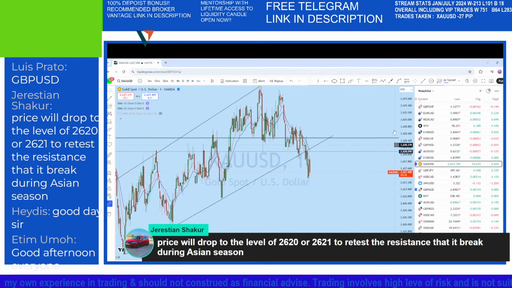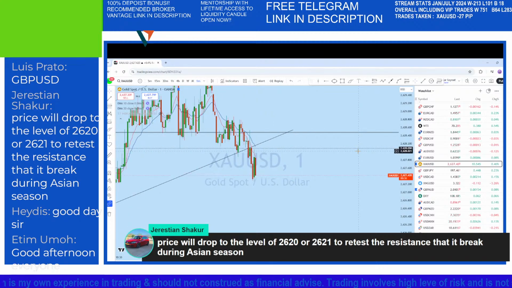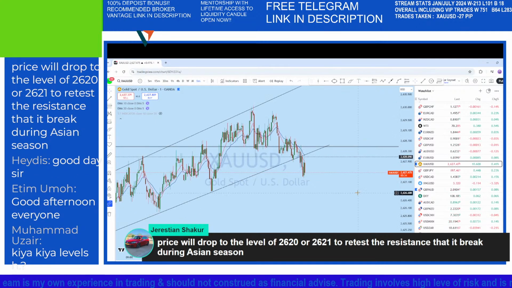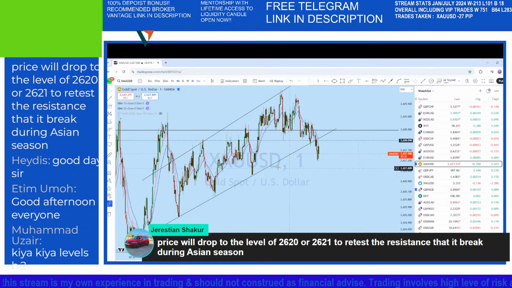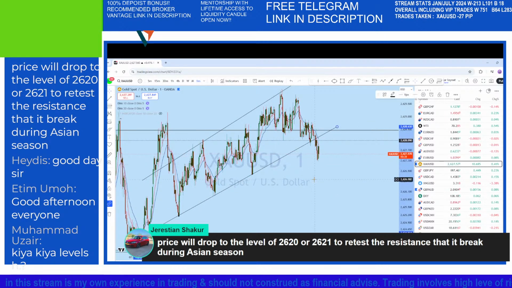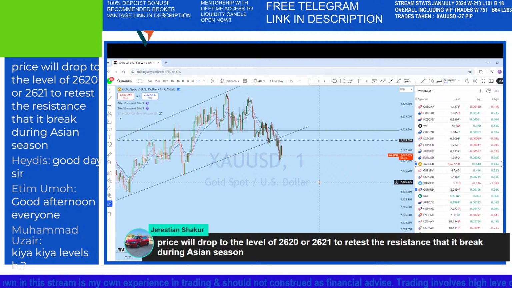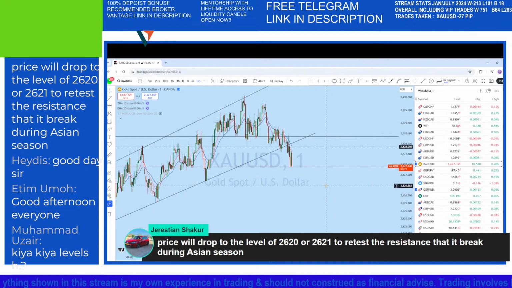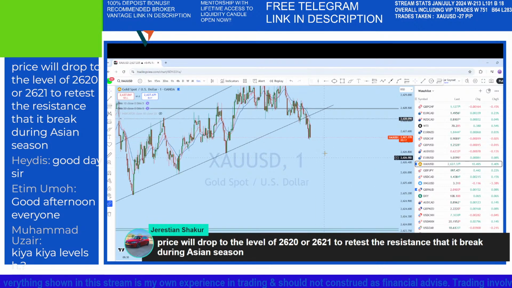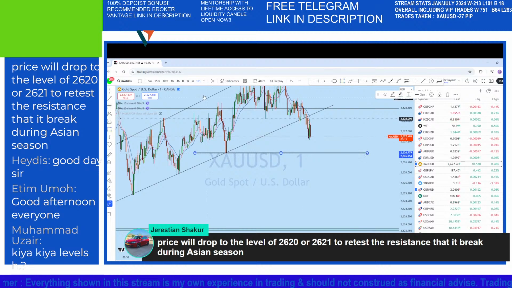Looking at this, an important support has broken. Therefore, we might see some trend here. It might drop from any of these important support levels to another important support level.